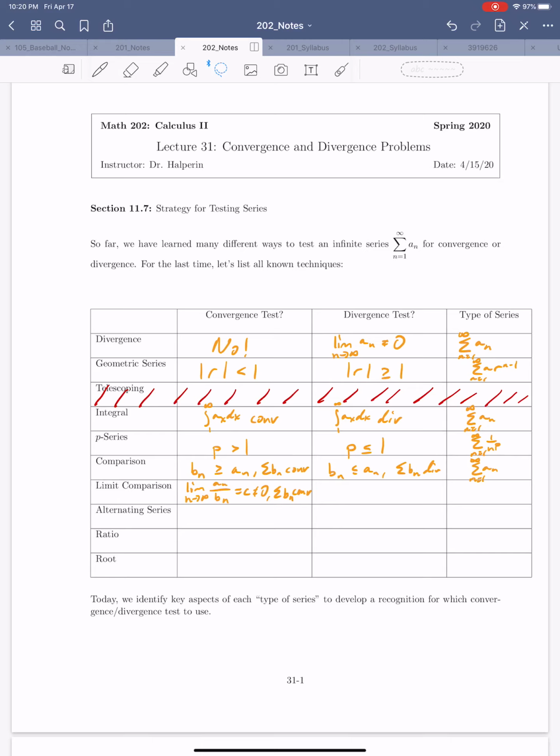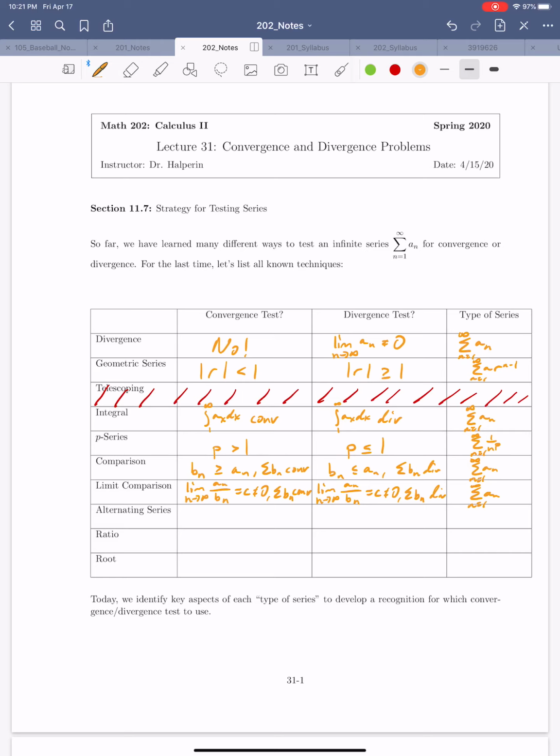Similarly, the series is going to diverge if we have the same thing, except that the series we were comparing it to diverges, right? And we have the same situation as before.